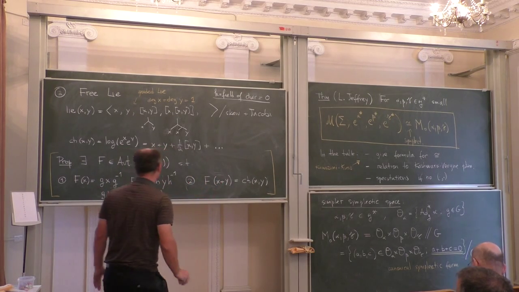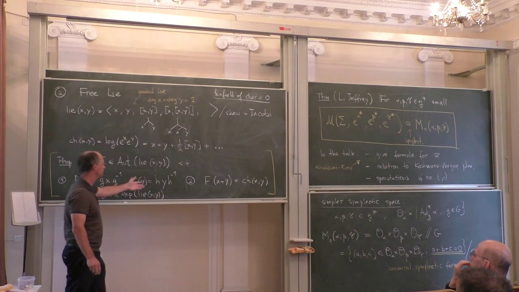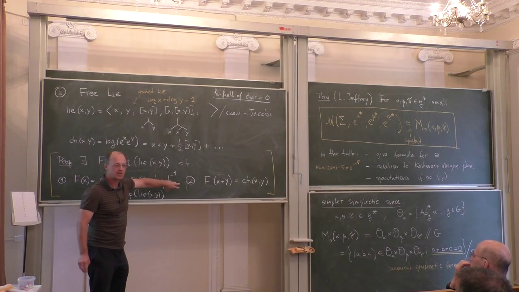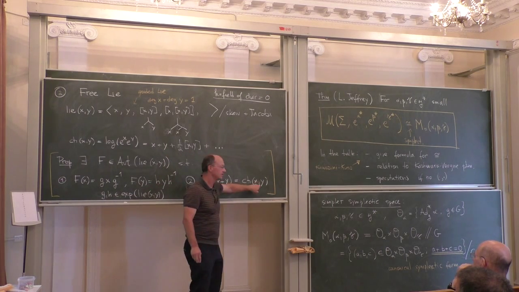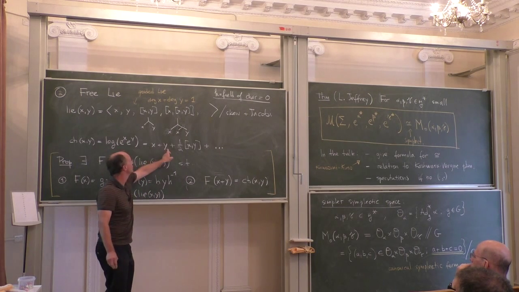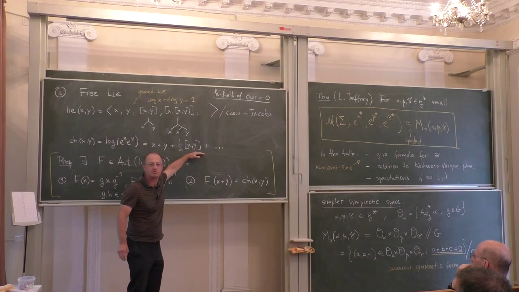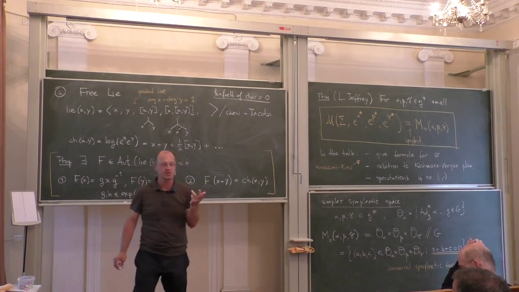So you can actually arrange things such that x gets conjugated, y gets conjugated, and the sum of two elements is mapped to the Campbell-Hausdorff series. The Campbell-Hausdorff series is almost a sum to the leading order, but then you have higher order corrections, actually an infinite tail of them.